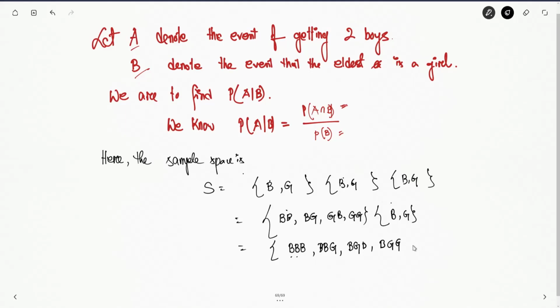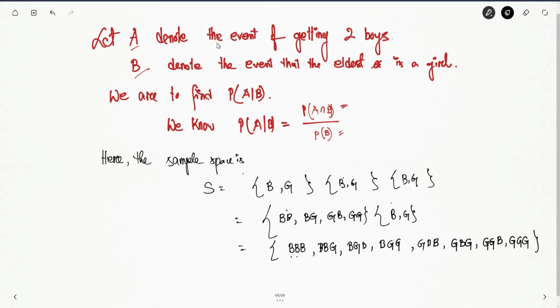Next we will get girl, boy, boy, right? Next girl, boy, girl, and the last two are girl, girl, boy and girl, girl, girl. So this is our sample space.